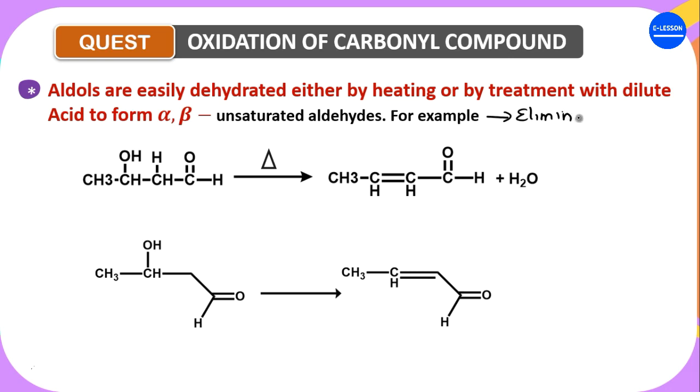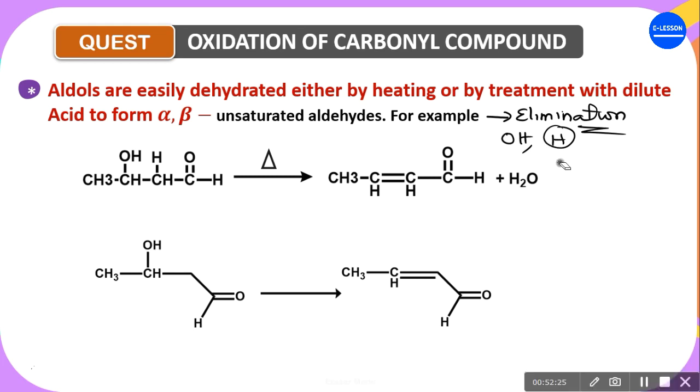We know what elimination reaction is, right? It is a reaction by which two molecules or two atoms are removed. For instance, OH and H are removed from a saturated compound to form an unsaturated system.